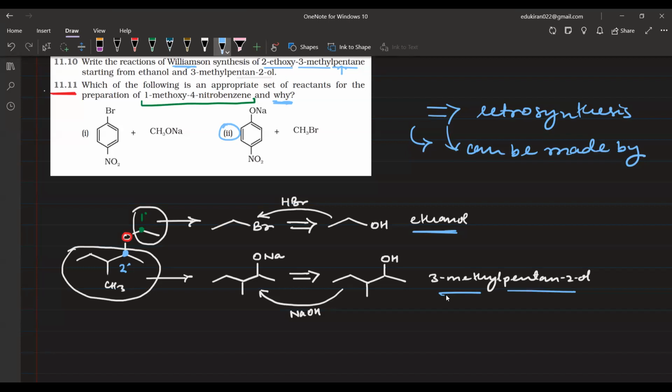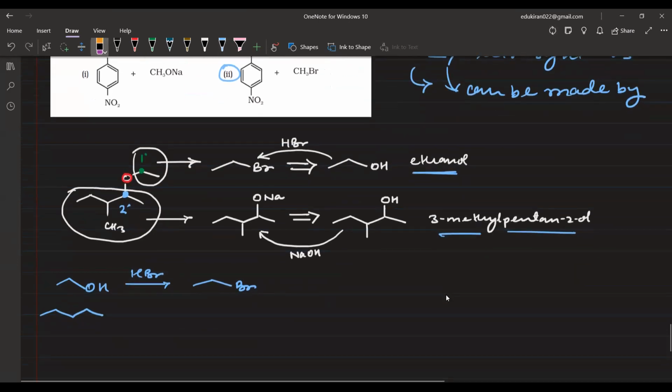Okay. So our process will be, we have ethanol, HBr, we'll get Br. We have 3-methylpentanol like this, and we'll use NaOH.